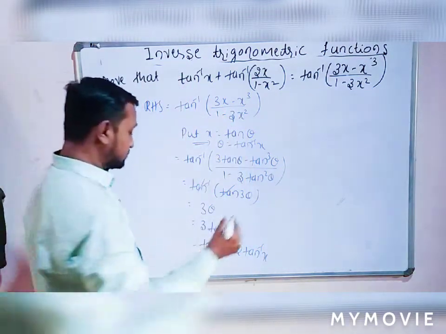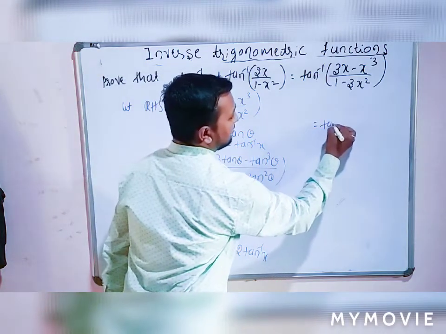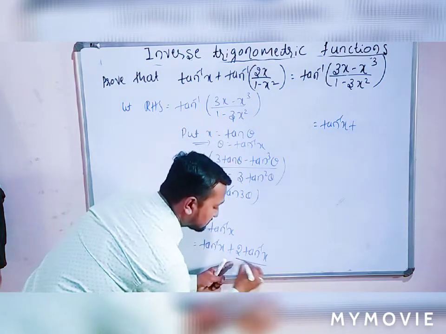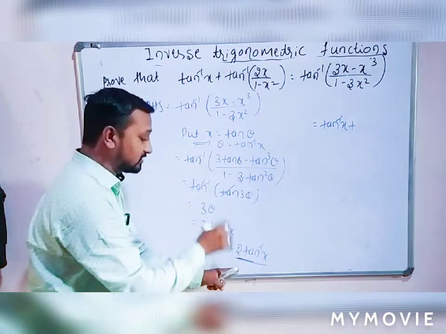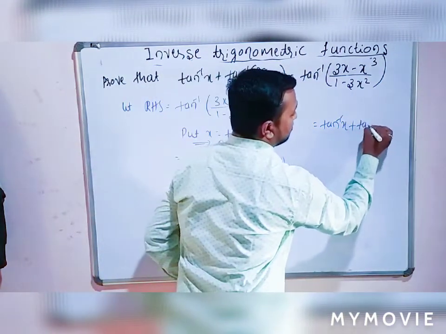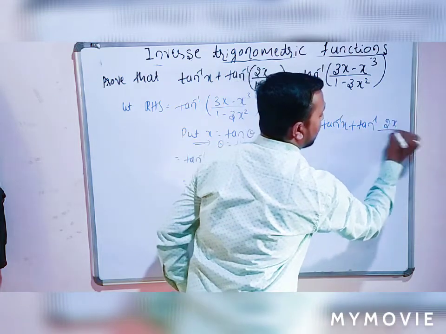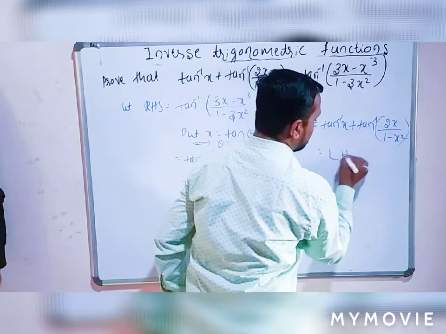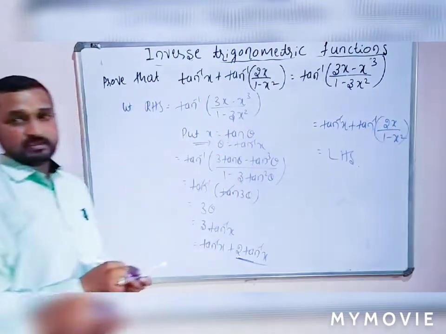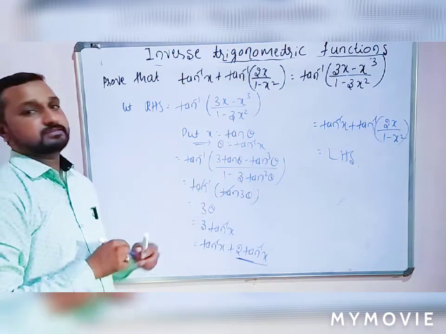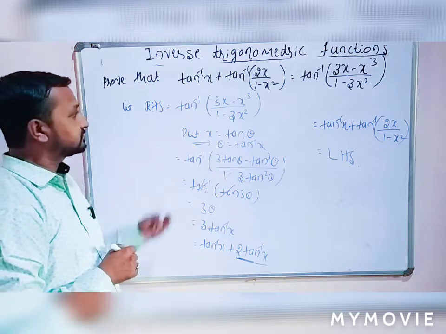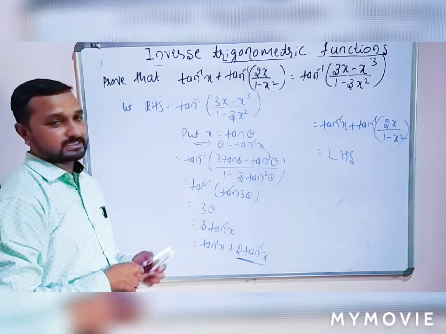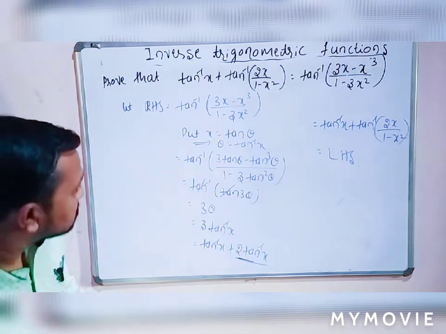So directly, keep tan inverse of x as it is, plus 2 tan inverse of x by the standard formula, which is tan inverse of 2x divided by 1 minus x square. So this is your LHS. Okay students, and this is also an important example for 2 marks. So write down.